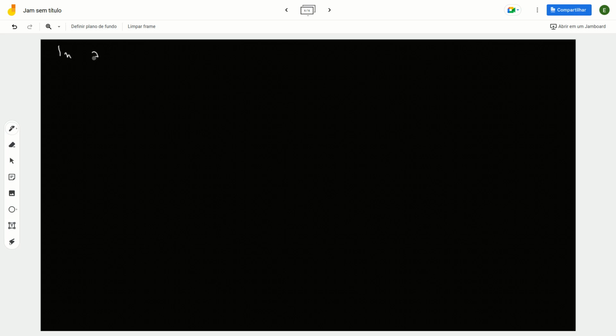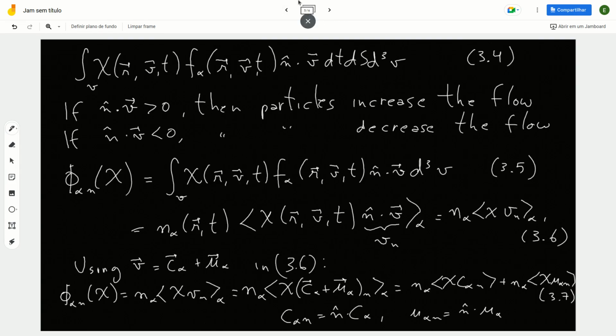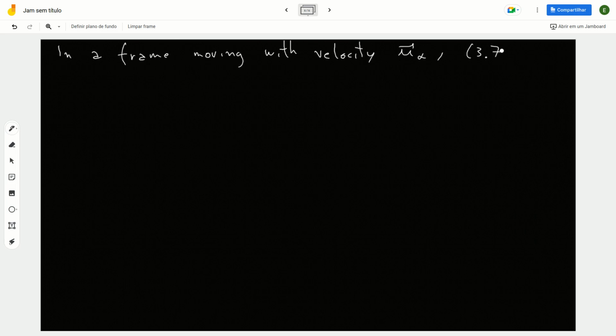In a frame moving with velocity u alpha, 3.7 becomes phi alpha n of chi now will be this only. This is the fluctuation velocity only.